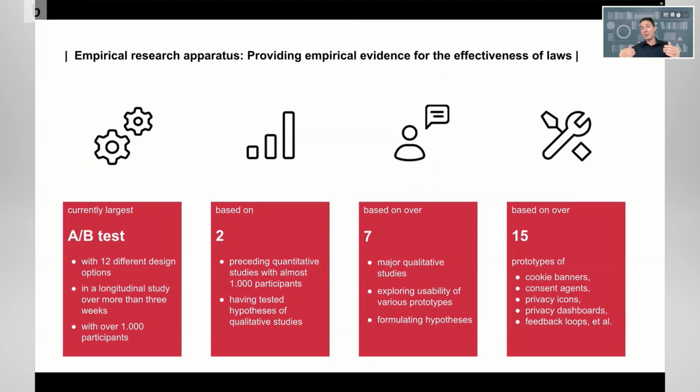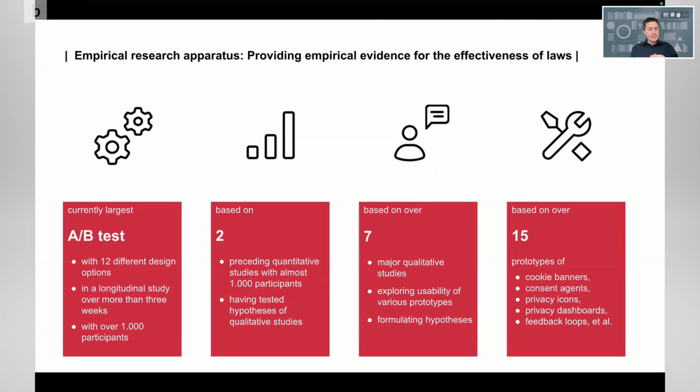But we can even measure that for certain purposes there is a significant increase in the consent rate. So it's an ongoing process, and we are still trying to improve the consent banners and the consent mechanisms even further, but we are on a very clear path to achieve this.